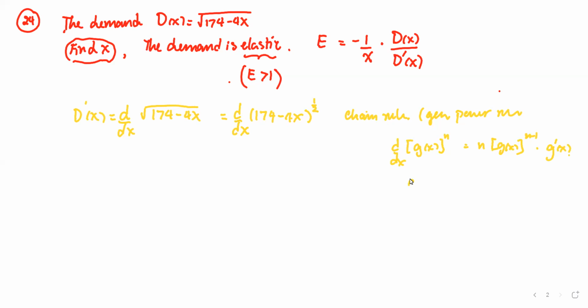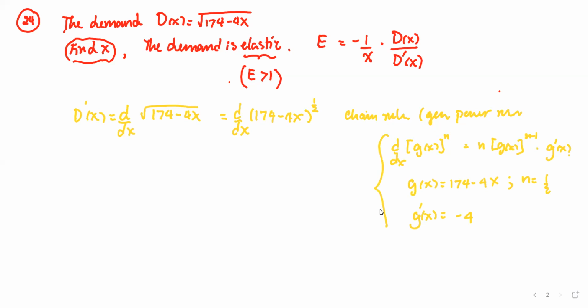In our case, g of x is 174 minus 4x, and n is 1/2. So g prime is the derivative of 174 minus 4x, which is -4.